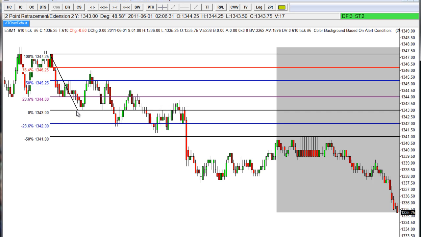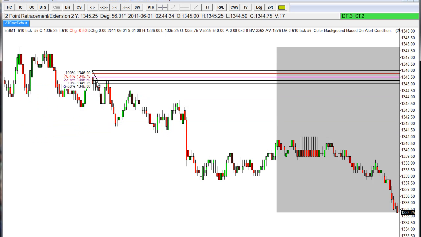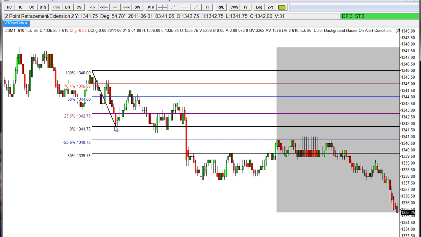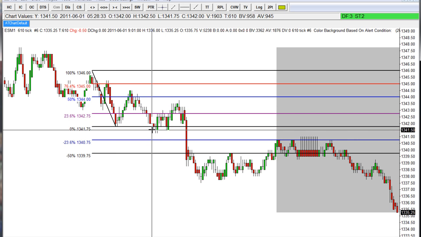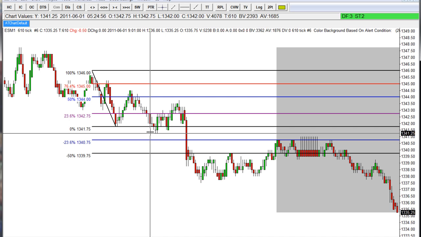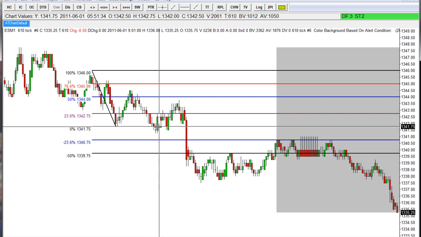So I draw a new fib from this pivot high to the pivot low right here, got to 50%. Now as you can see, this fib went past the 0% line at least halfway through and then retraced.